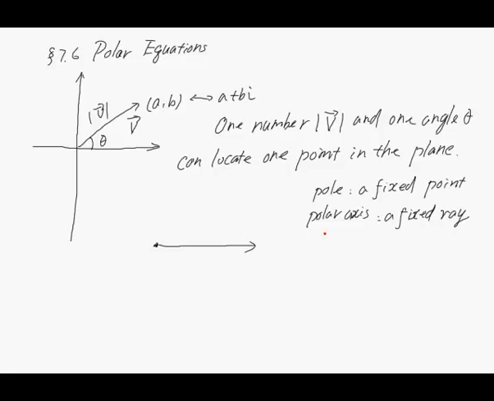Now, to locate one point, we need one number and one angle. So we put them together to form an ordered pair, that is r and theta. For example, you have one point here. It has r and theta. And this r and theta is called the polar coordinates of the point P. Suppose this is the point P.